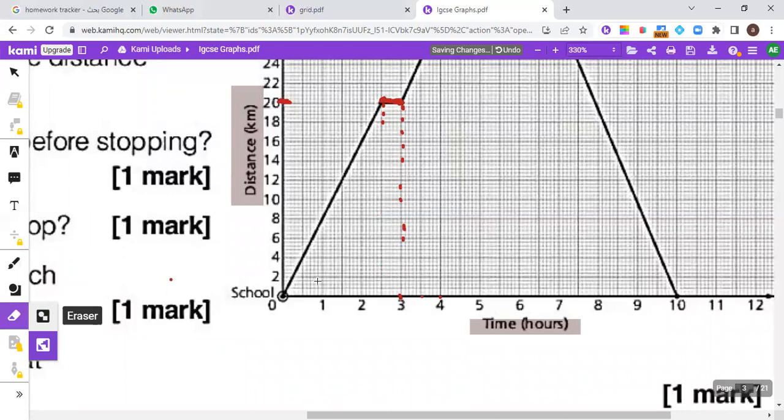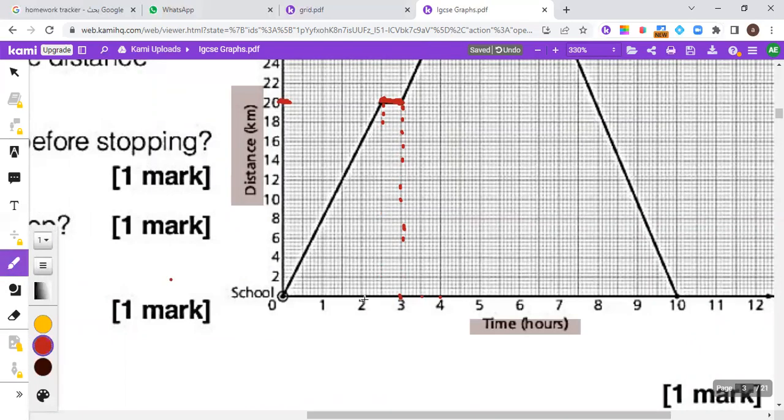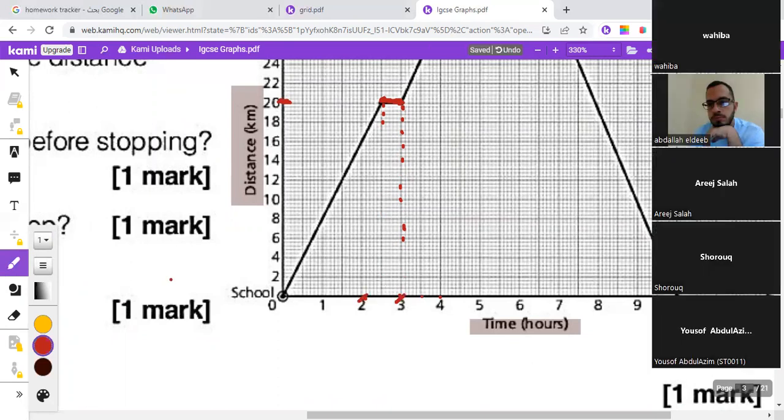If you count here, it is 1, 2, 3, 4, 5. Between 2 and 3, how many small lines?